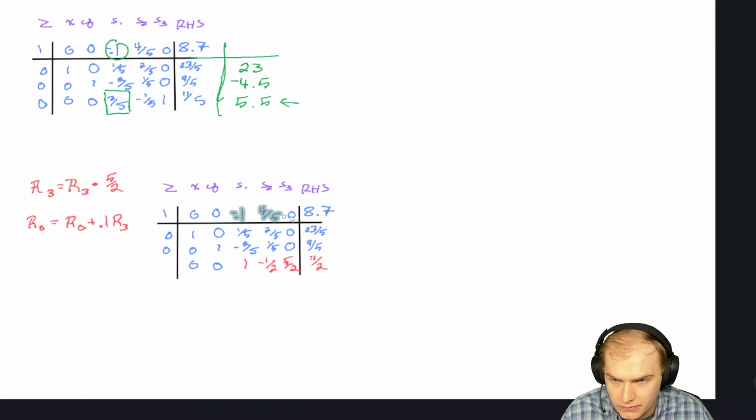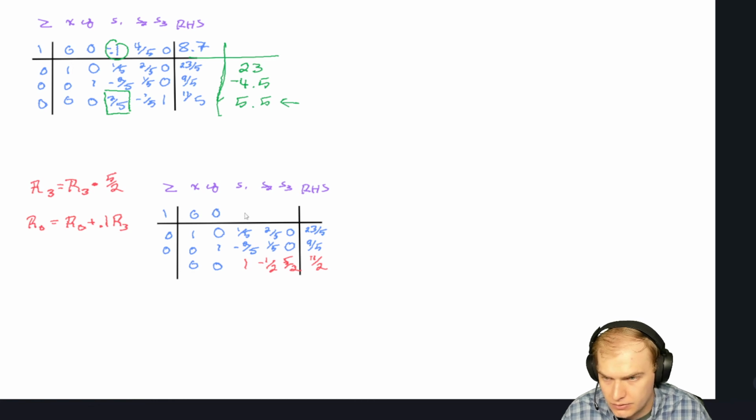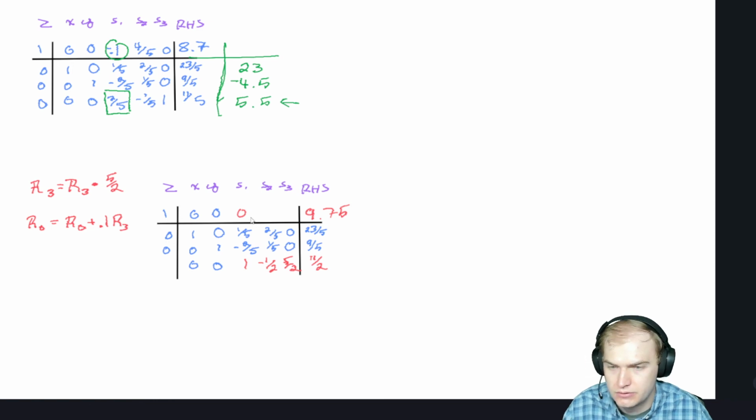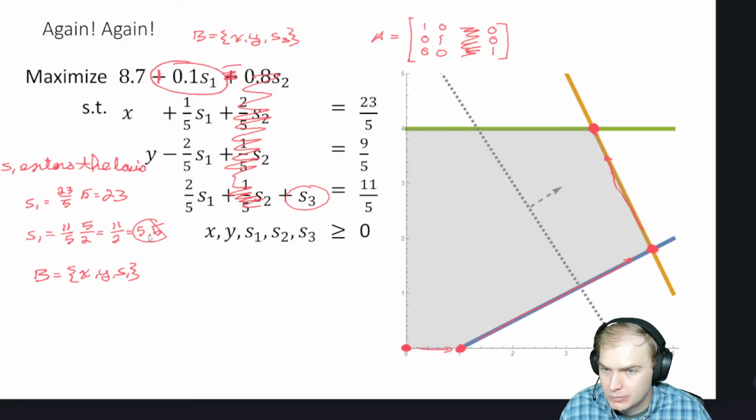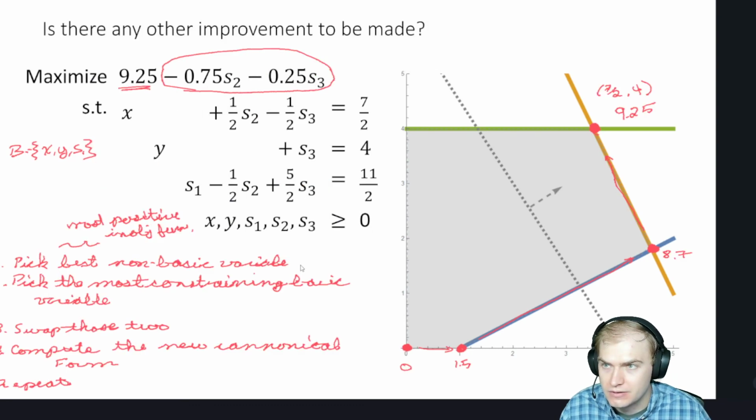Which means we can forget about these. This is 0. And I don't want to do, I think this was 9 3/4. I don't want to do the math, so I'm going to grab it from yesterday's Tableau.